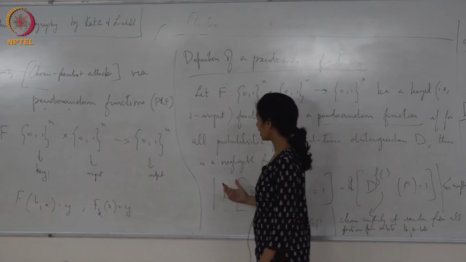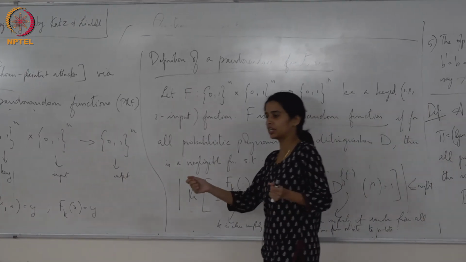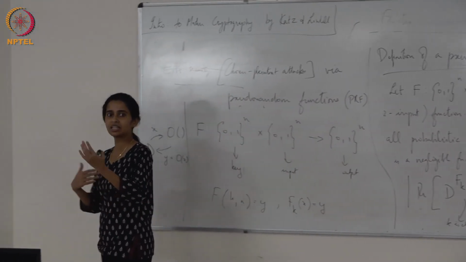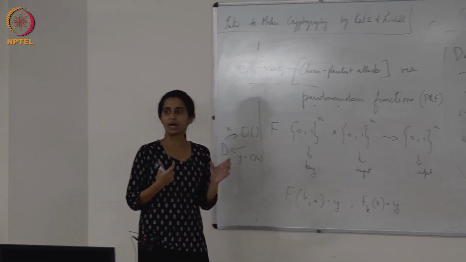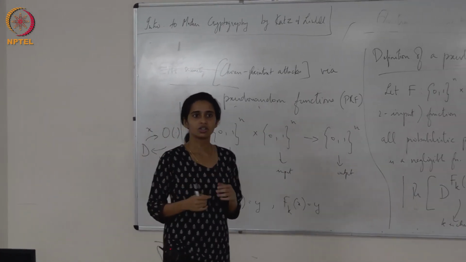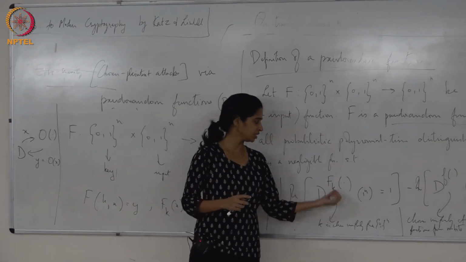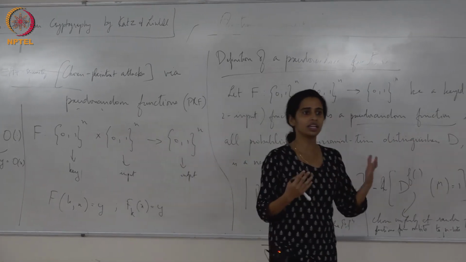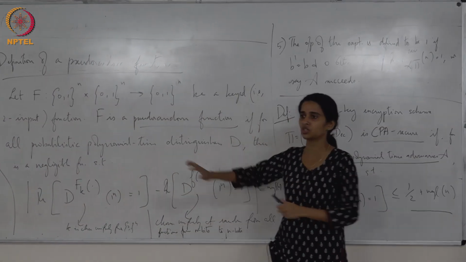Why can't we just use a random function? Because the description of a random function is exponentially long, so we can't pass that as a key between the two parties who want to communicate. So we instead use a pseudo-random function with a key k that is just of length n, and we are able to get the functionality that we would get from a random function. Okay, so that is the idea here.